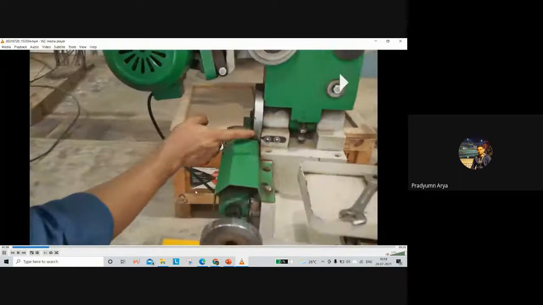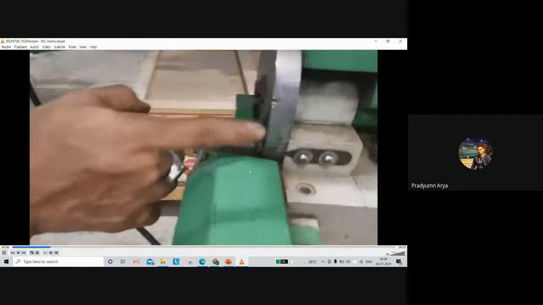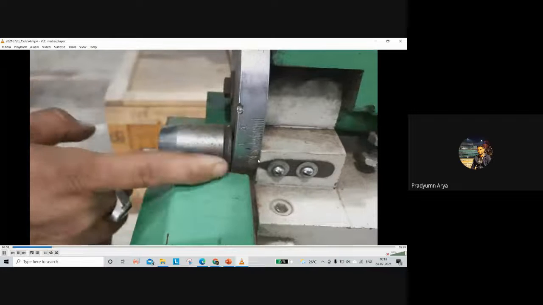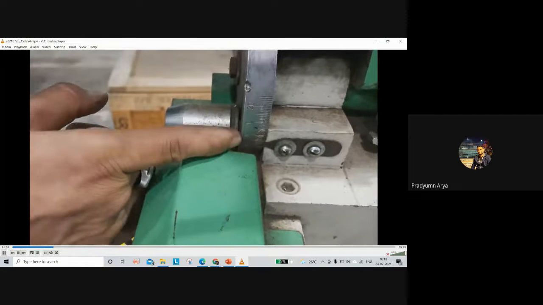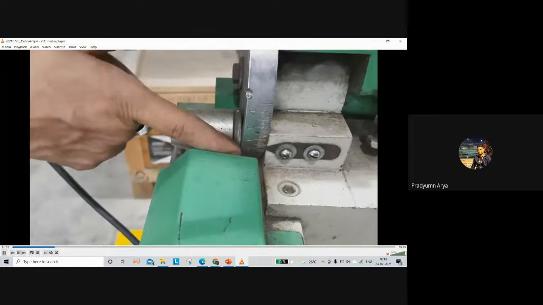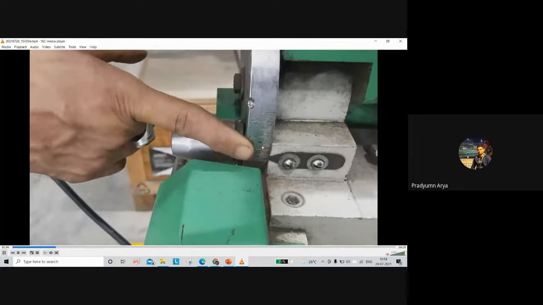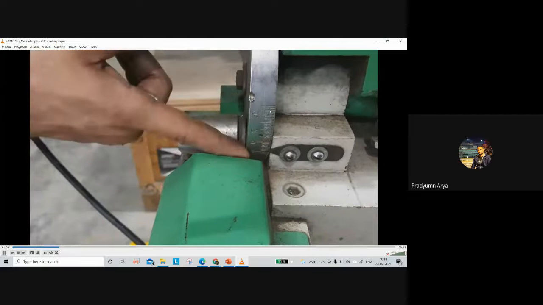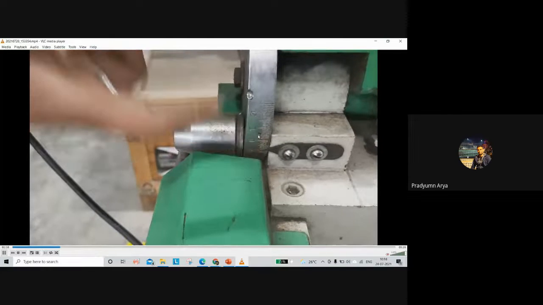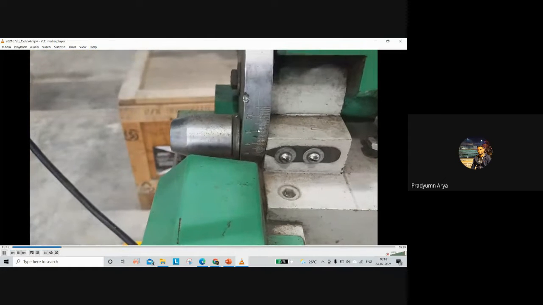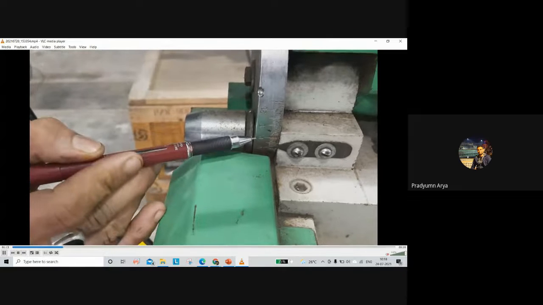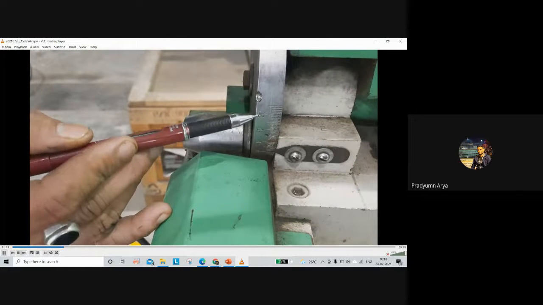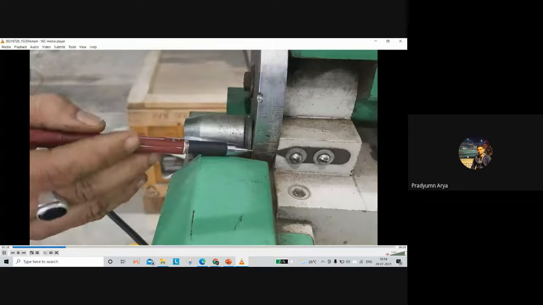This is the angle hand wheel. It is generally used to provide any angle to the wheel axis so that the grinding wheel can touch the workpiece at any given angle. These are the ranges of angle: zero, 10, 20, and similarly below, 0, 10, 20.